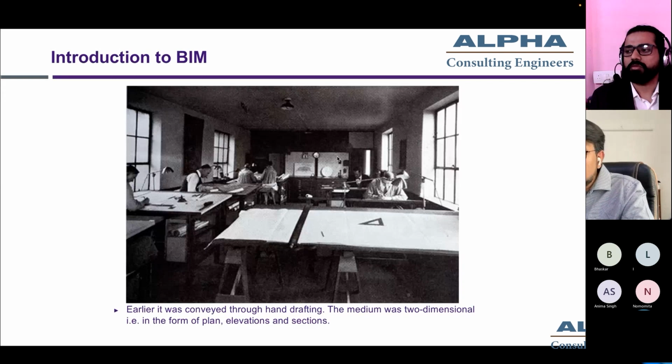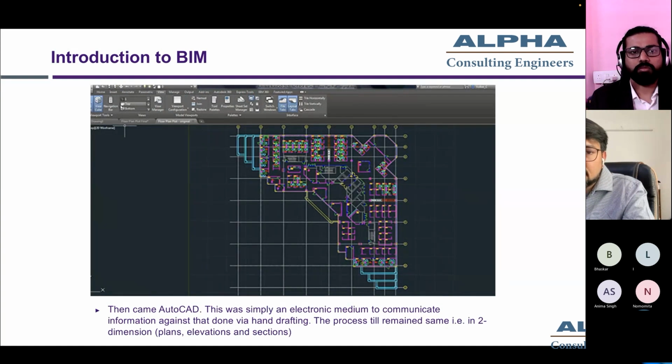But then again, the pace at which the built environment was needed was changing over time. And eventually, with the advent of CAD and computer-aided design, and here we are not talking specifically about 3D CAD, but 2D CAD, which was prevalent, the design and documentation practices have been around 2D CAD.